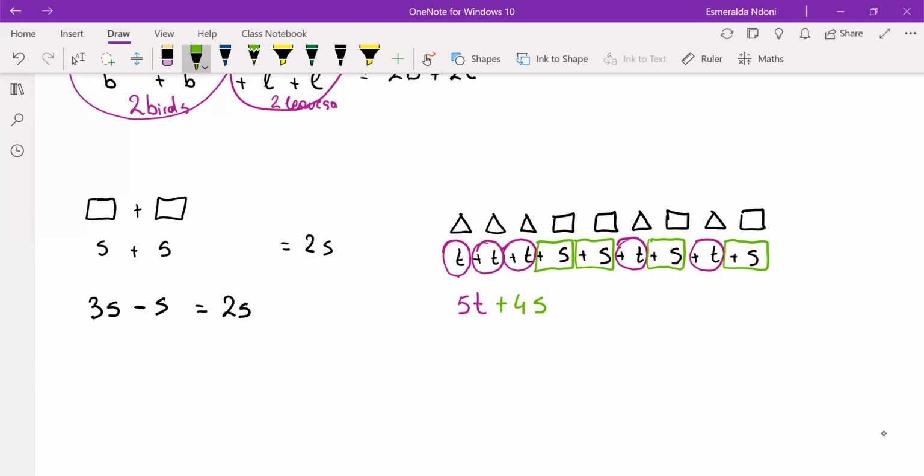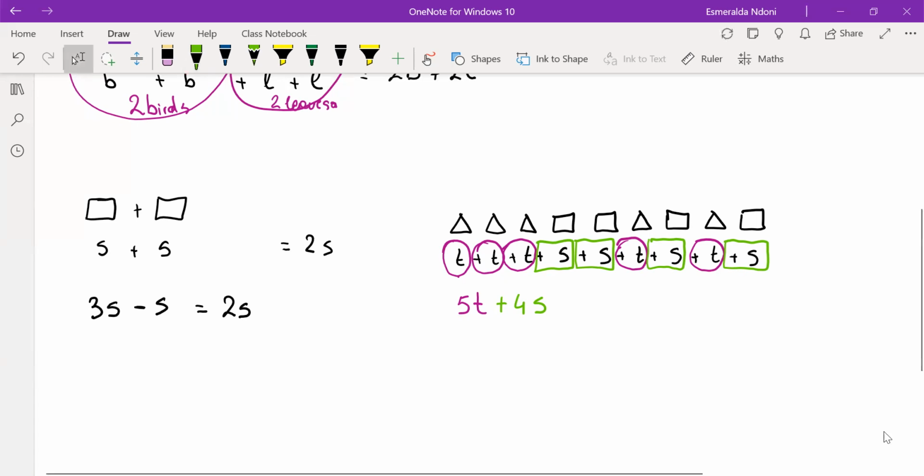And what I did is I collected like terms. The triangles are the same, so I collected them together. And the squares are the same thing, so I collected them together. So I can now, or you can now, do algebra.